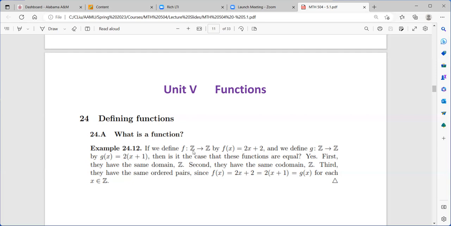They are equal because they have the same domain, same codomain, and the same ordered pairs. If you distribute 2 into x plus 1 in g, then you get 2x plus the exact same thing. So you get the same ordered pairs. So everything is the same. So these two functions are equal.